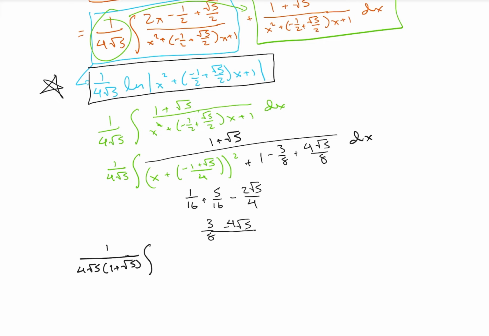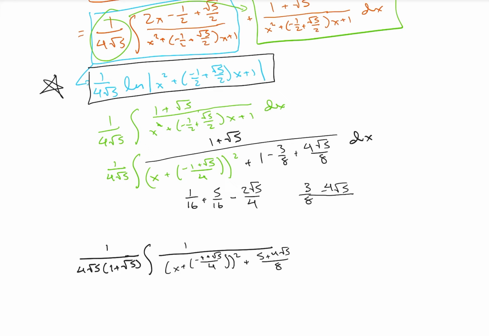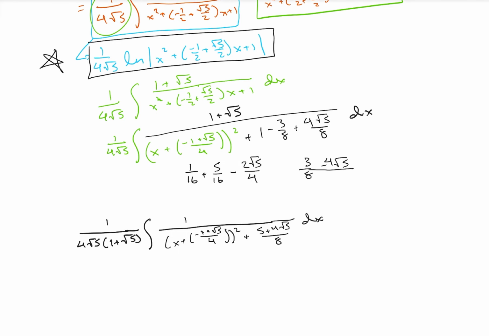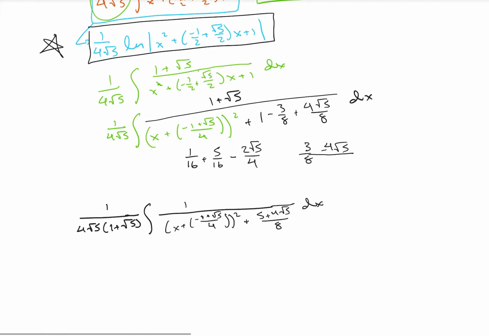And I'm going to have the integral of 1 over x plus negative 1 plus root 5 over 4 quantity squared plus 5 plus 4 root 5 over 8 dx.